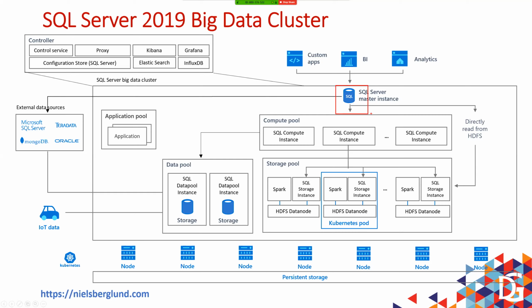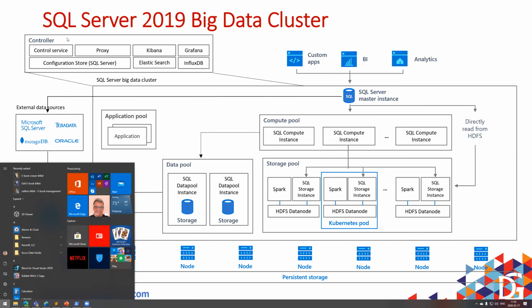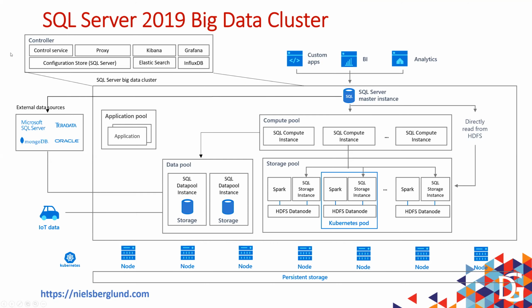But if you look at this picture, you see how that is a very small part of the big picture. We also have SQL Servers all over the place here, in the data pool, in the storage node, and Kubernetes nodes, and underlying this we have some persistent storage.